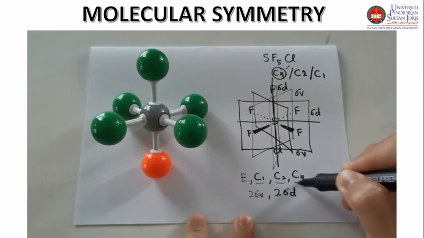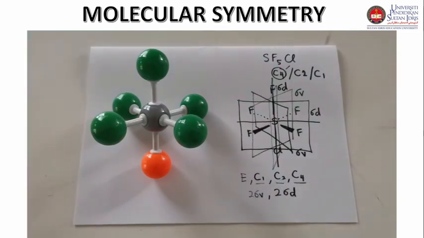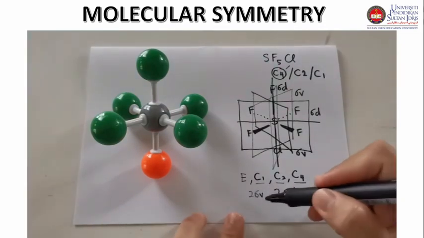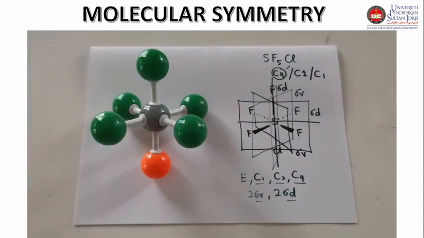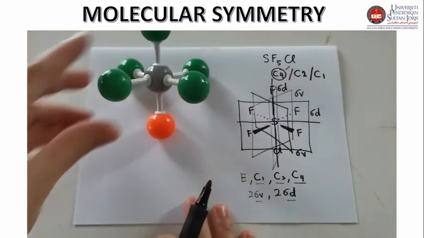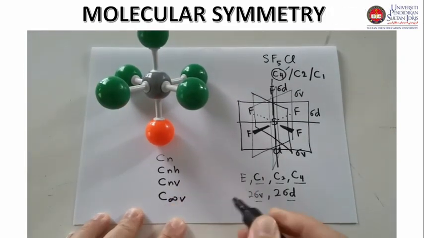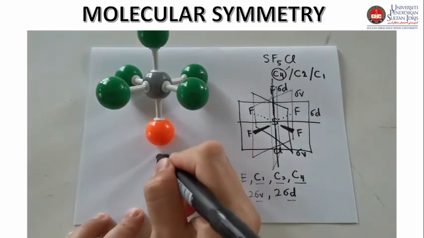These are C1, C2, and C4. So the point group is either Cn, Cnv, Cnh, or Cnd. Okay guys, so the operations correspond to the point groups Cnh and Cn.